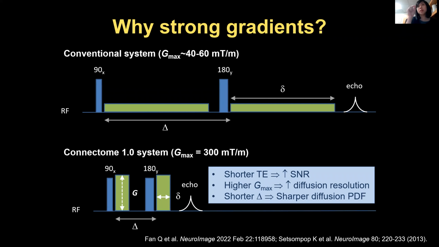That is, the minimum water displacement distance that can be detected will be smaller with a higher gradient strength. And finally, the ability to get to shorter diffusion times enables us to map out the water diffusion probability density function much more sharply, and will allow us to better resolve secondary and even tertiary fibers for diffusion tractography.